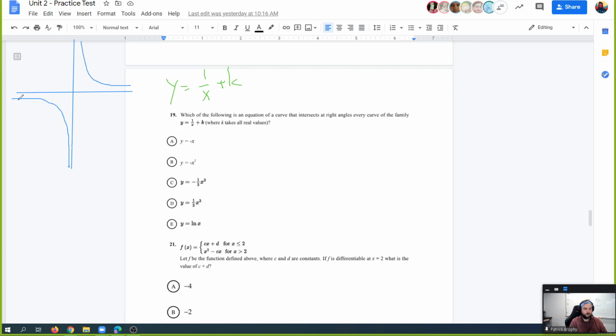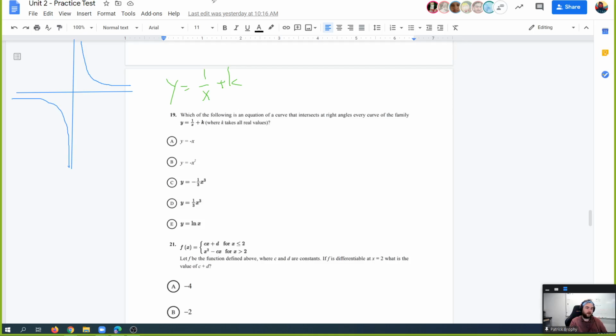Inverse functions. And then the plus k will shift this up and down, right? So we're looking for an equation of a curve that intersects at right angles every curve of the family. How would you intersect that at right angles?